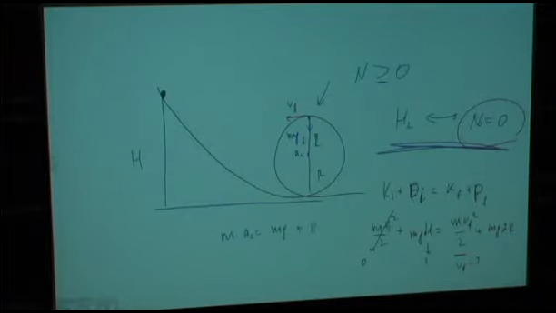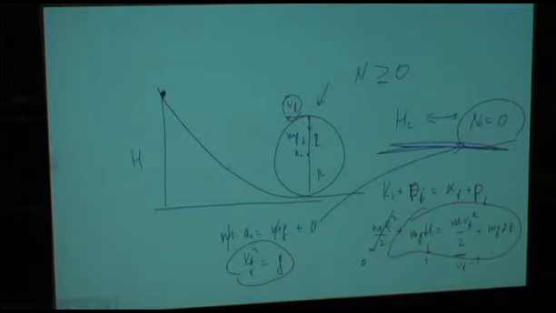This is this speed. So that's what we call the final one. So now we have two equations which we can solve mathematically.